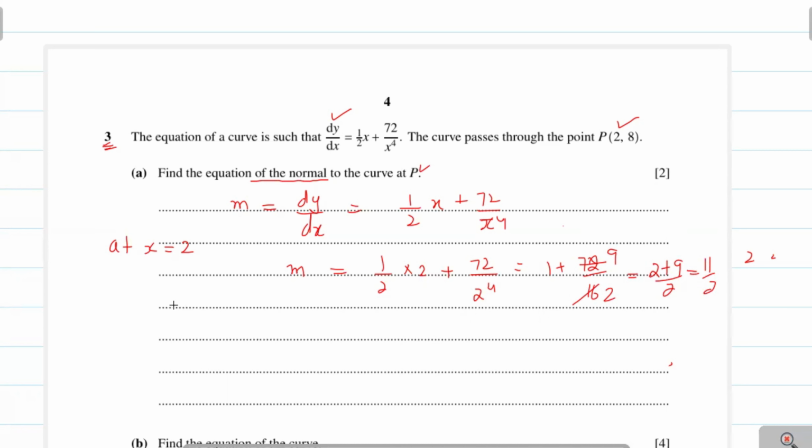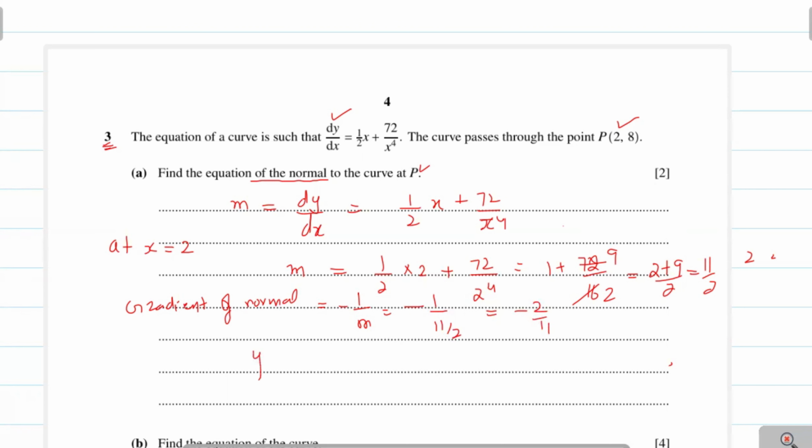Now the gradient of the normal will be equal to negative 1 over m and this value will be negative 1 over 11 over 2. We can write negative 2 over 11.